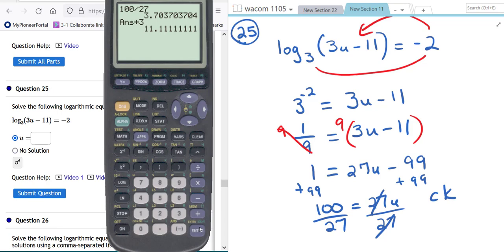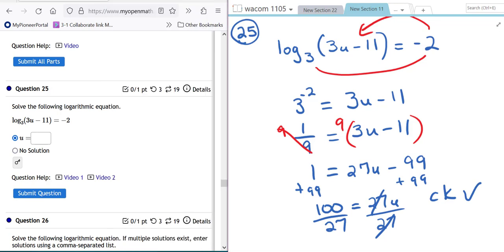All right, and this one was very close, right? Because we want this entire piece here to be greater than 0. Well, this gives us 11.11. We're taking away 11, so 0.11, but that is greater than 0. So it works. But you do need to check that each time. Each logarithm equation is the kind you have to check.